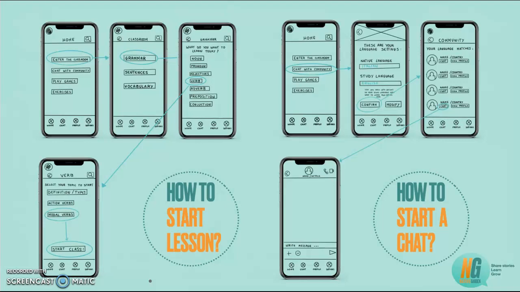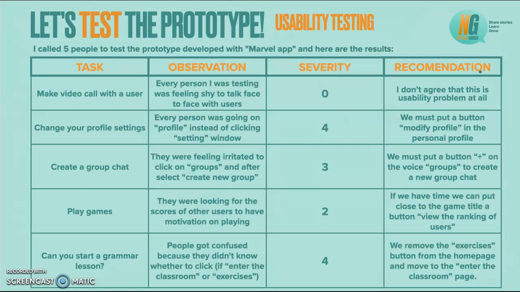So that's it. I made a prototype with these wireframes thanks to Marvel App, and I asked some users to try my prototype and test it. And I saw that there were some problems.